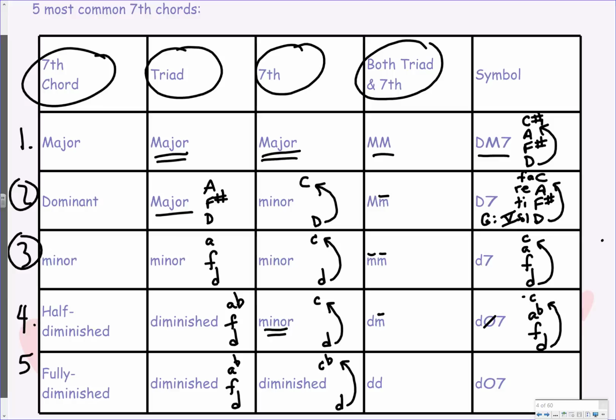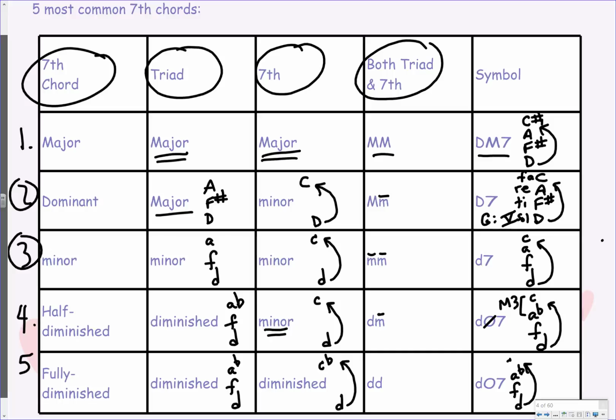Also, I always like to remember that half diminished chords from the 5th to the 7th, that's going to be a major 3rd from A flat to C. So the only difference then between the half diminished and fully diminished is, well, you still have your D, F, A flat diminished triad, and now you have to build a diminished 7th from the root.